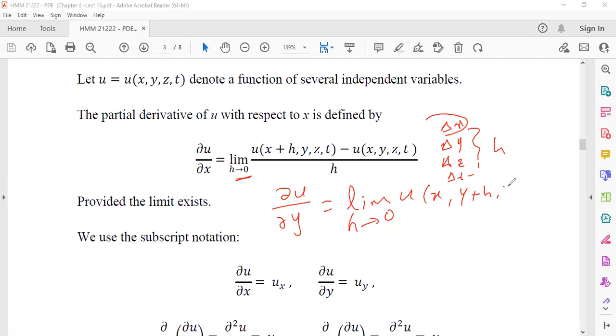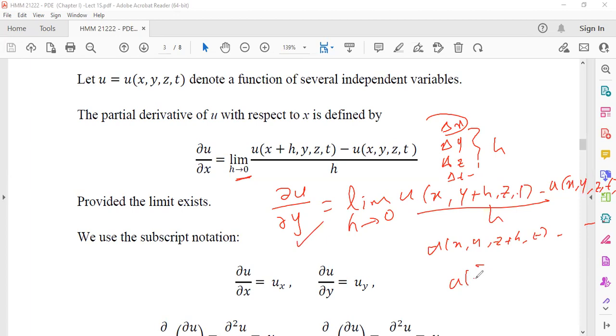So u of x, y plus h, z, t, minus u of x, y, z, t, divided by h. That's all. Very simple. Likewise for z, this will be u of x, y, z plus h, t. Similarly for t, only t is changing in u of x, y, z, t. Very simple, okay? If you wrote the correct thing, fine. If anything is wrong, please correct yourself.